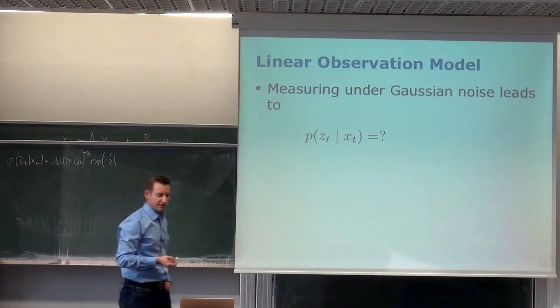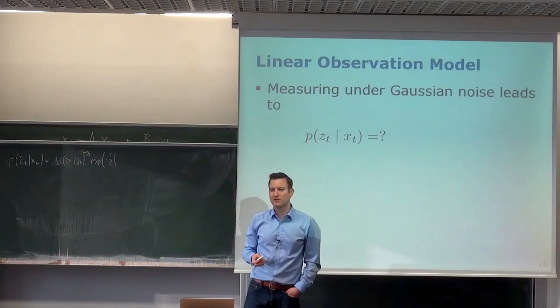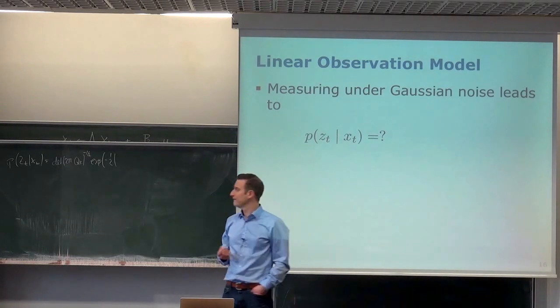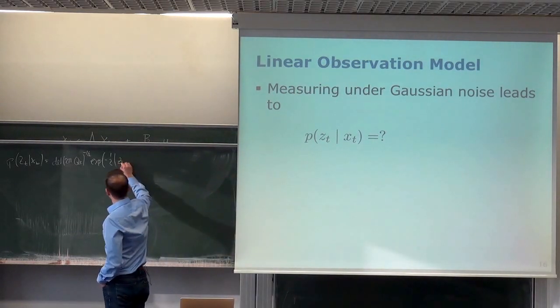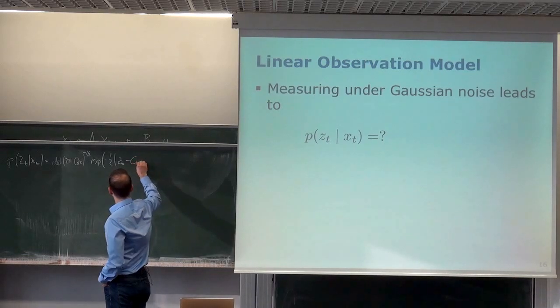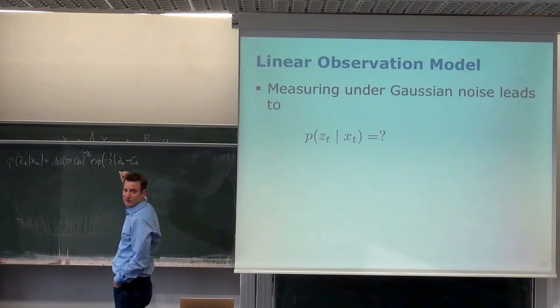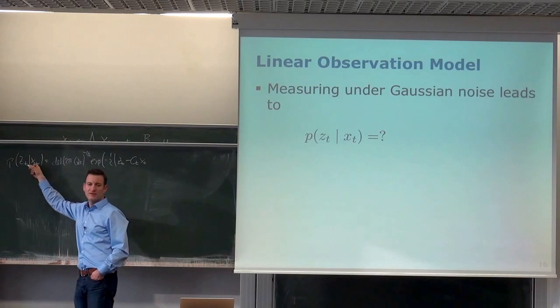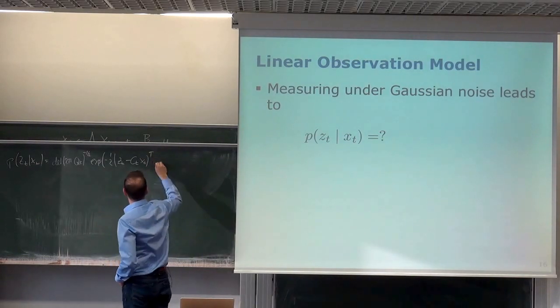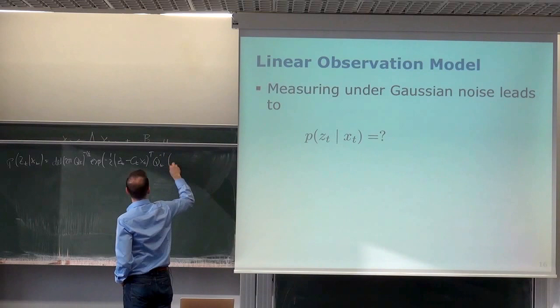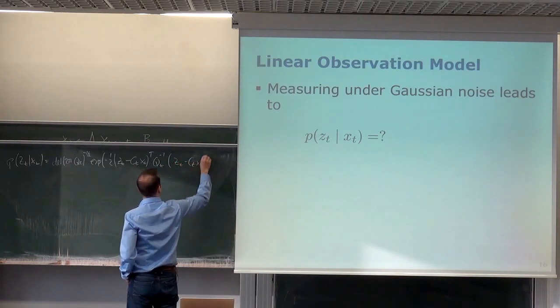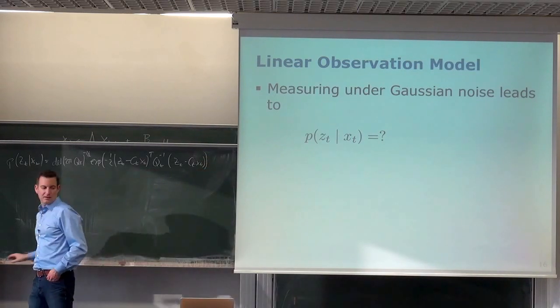How do we continue here? z_t minus C_t times x_t. So given the state, transposed Q_t to the power of minus 1, z_t minus C_t x_t. Okay, perfect.